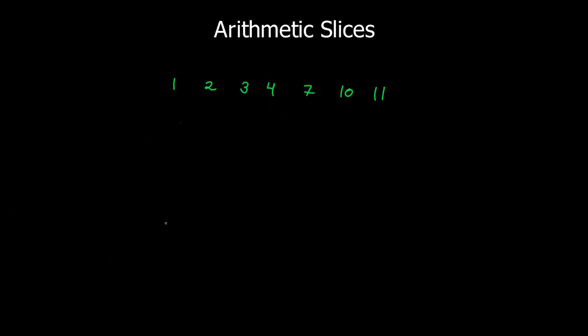Let us try to simulate this problem for this case as well. Again, I'll start from 1, and I'll store the difference between these two elements, and it is 1, right? So let us assume that currently count is 0, and let us also say that we have another variable answer.